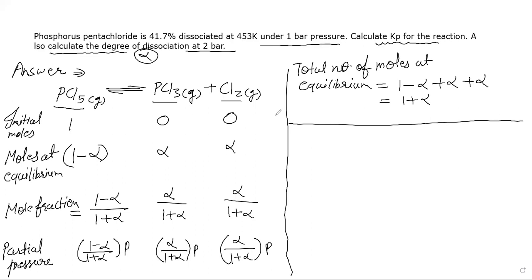Now write the equation for Kp. So Kp is equal to partial pressure of products divided by partial pressure of reactant. Here there are two products, PCl3 and chlorine. So it is partial pressure of PCl3 into partial pressure of chlorine divided by partial pressure of PCl5. So put these values here.